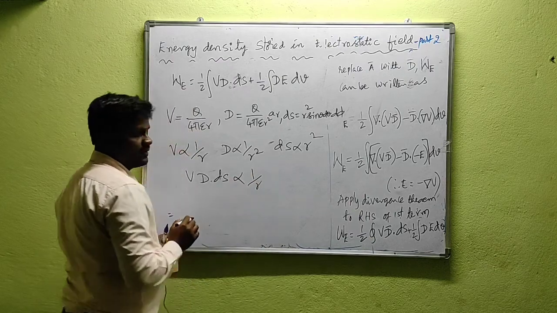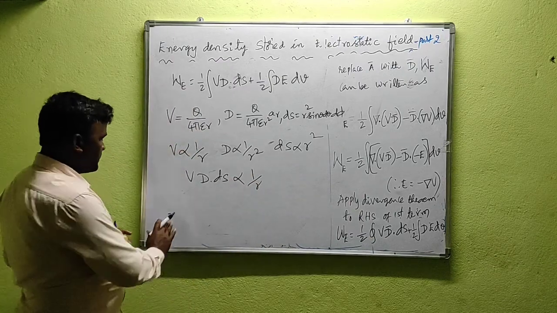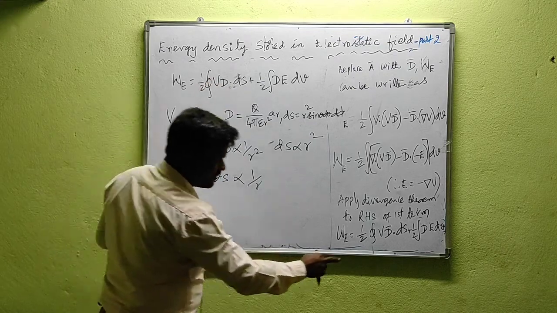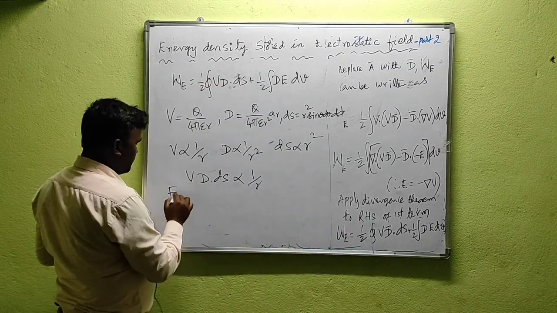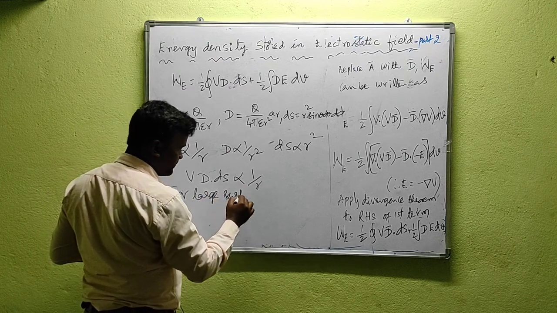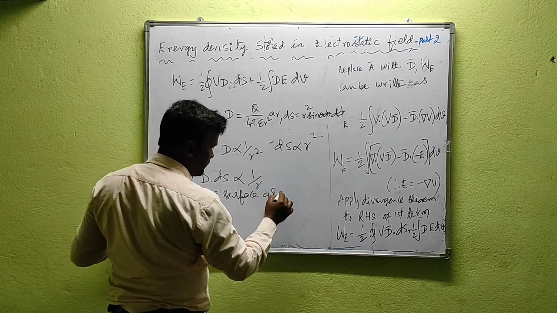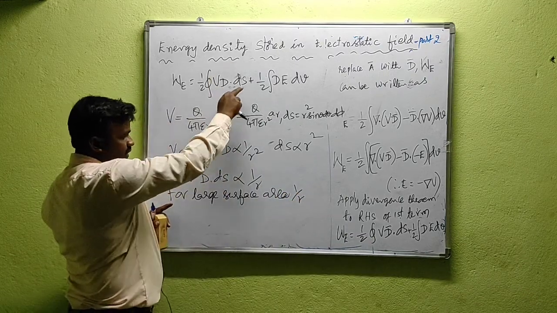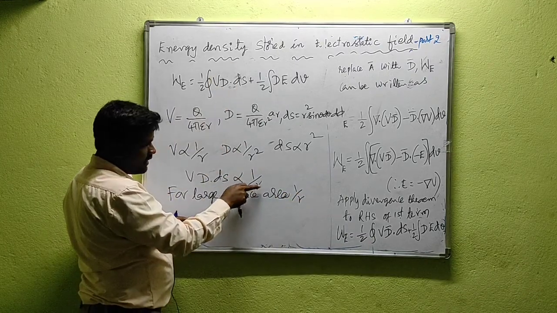1 by r. For this large surface area, actually it is a closed surface integral. For large surface area, this term varies with respect to r as 1 by r.